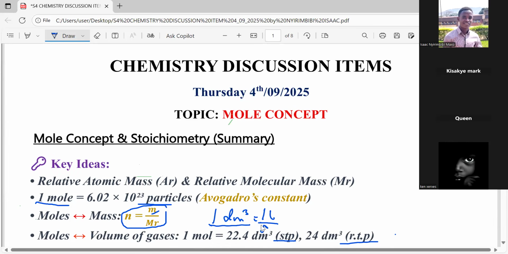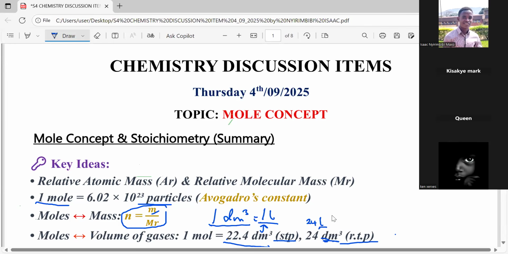If here we are saying that 1 mole occupies 22.4 decimeter cubed, it means in liters it becomes 22.4 liters at STP. Then at RTP, it becomes 24 liters, because we have said that 1 liter is equivalent to 1 decimeter cubed.